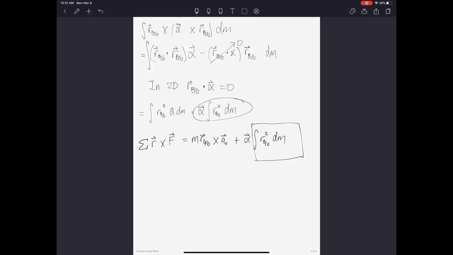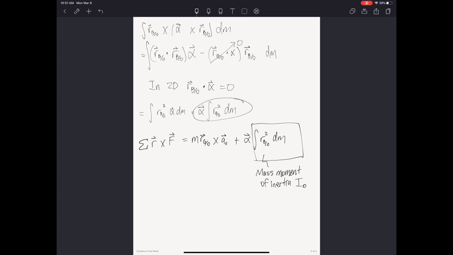So, since there's no simplification, we just need to figure out what this integral is. This is called the mass moment of inertia. We're going to use the symbol I for it in general. This, as written, is going to be I about O.